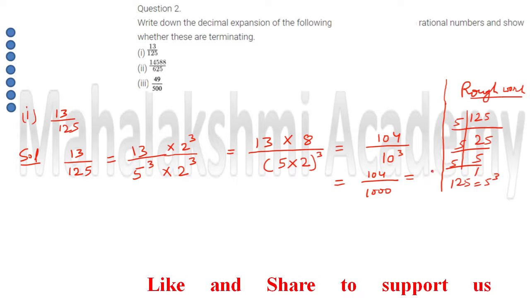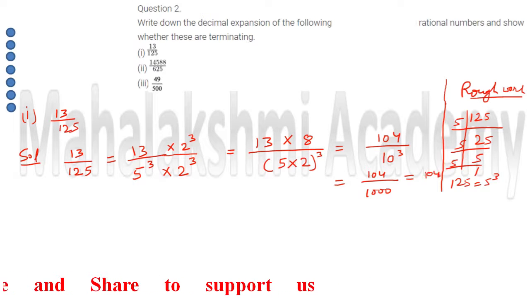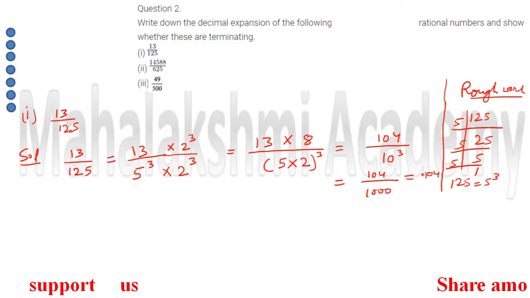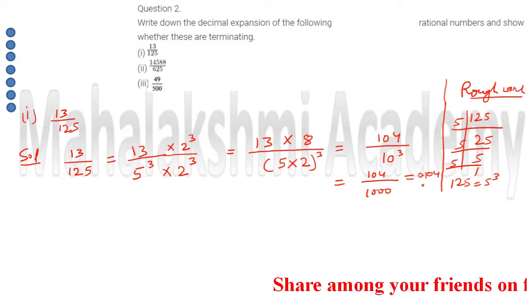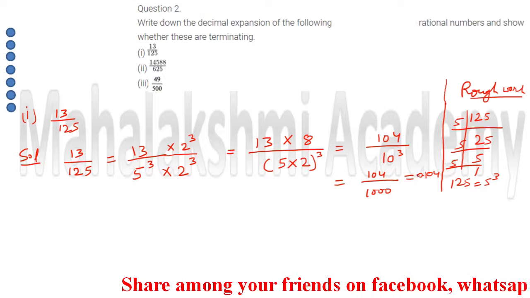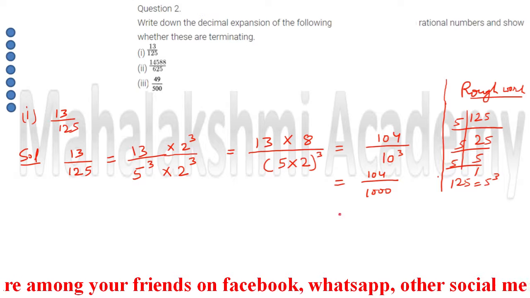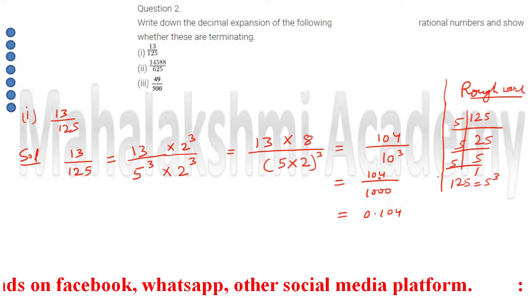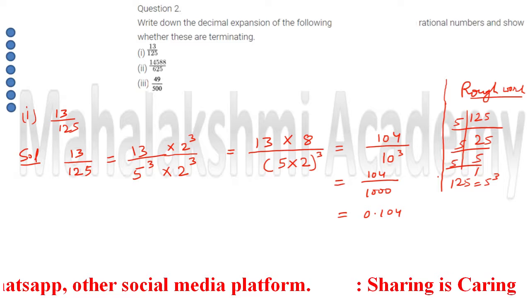So first we write the number 104, and then from the right count 1, 2, 3 places and put the decimal, with an extra 0. The answer, since it's not visible here, I'll write it down. It's going to be 0.104.